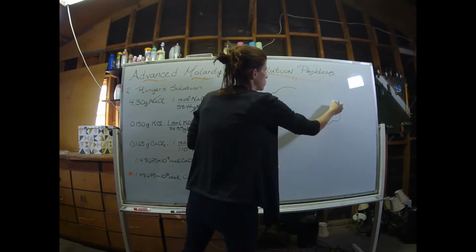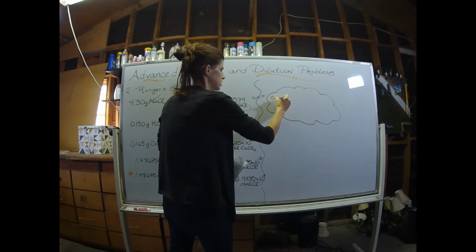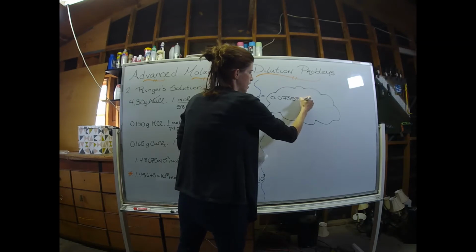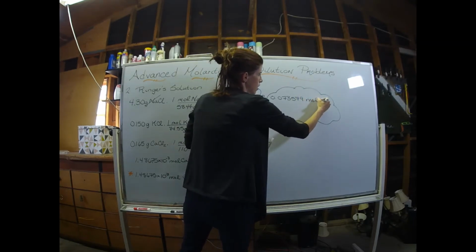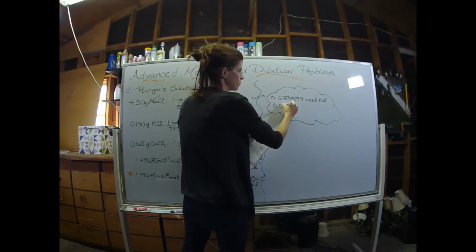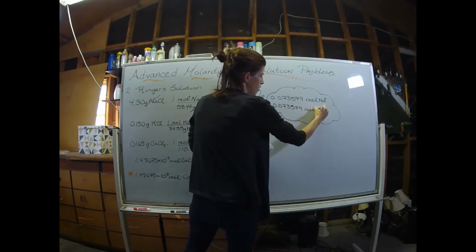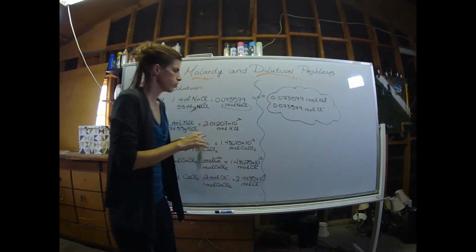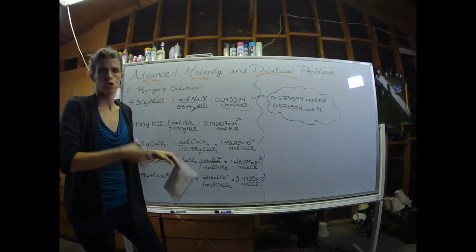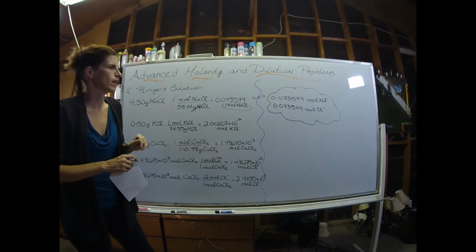Because it's 1:1, I expect 0.07359 moles of sodium ion, and that same value of chloride ion. So the compounds that are 1-to-1 are a little bit more straightforward. Potassium chloride is going to work the same way.